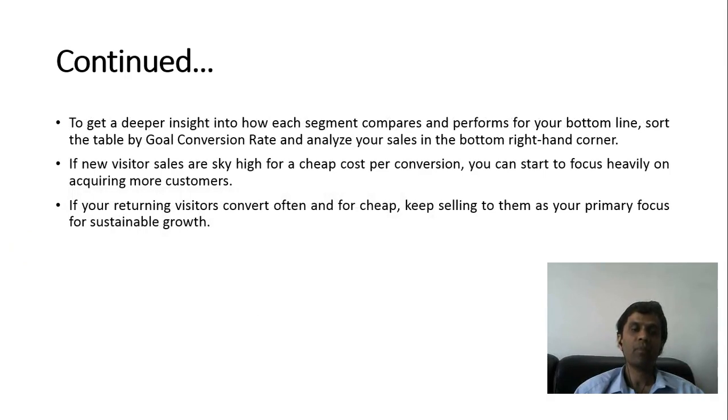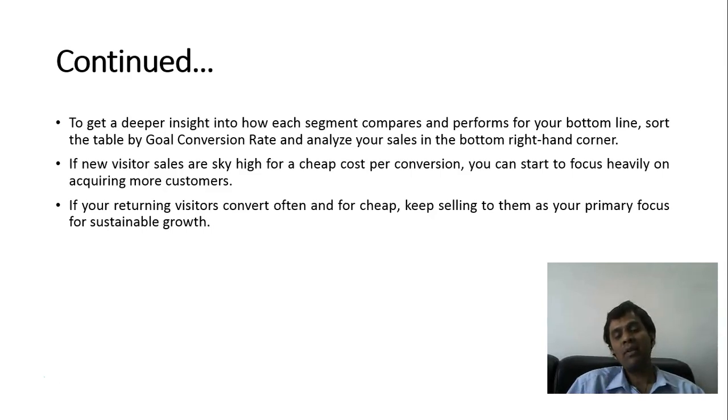To get a deeper insight into how each segment compares and performs for your bottom line, sort the table by goal conversion rate and analyze the sales in the bottom right hand corner.